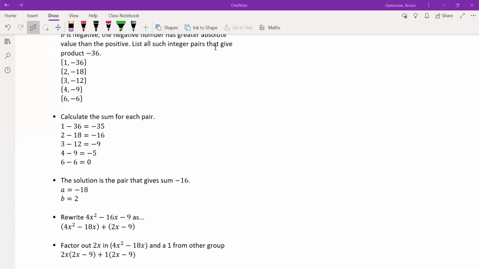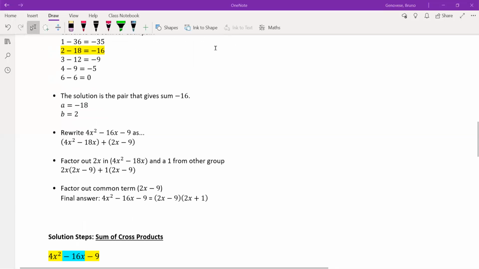The one that we're looking for to add to negative 16 is right in there. So one of the values is negative 18 and the other one is 2. It doesn't matter whether you call it the A or the B; you can factor it either way.